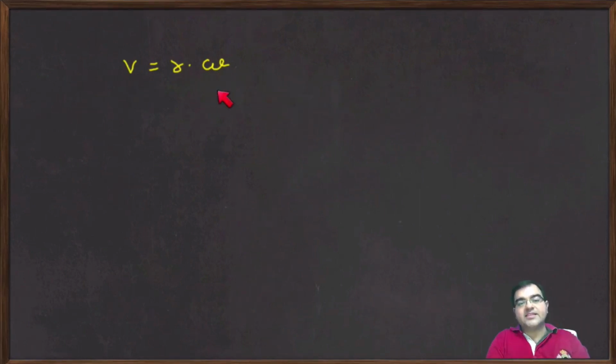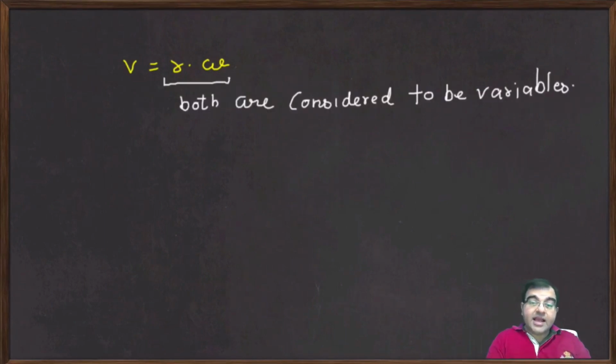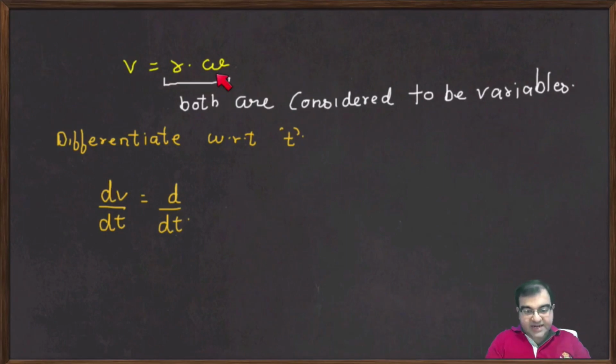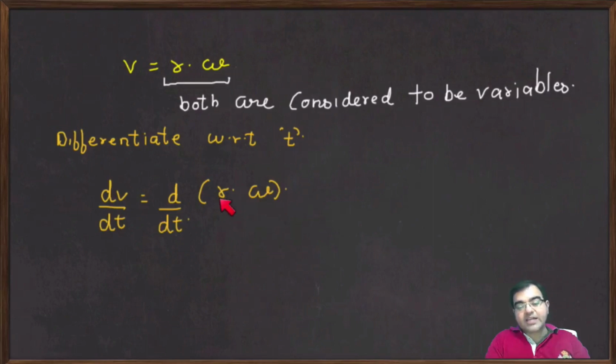So how do you take this derivative? Let's say I want to take the derivative of two variables which are multiplied together. I am going to differentiate with respect to t. On the left hand side I will get dv by dt. On the right hand side I will get d by dt of the multiplication of two variables, that is r omega. Now I am going to teach you how to solve this. r is your first term, omega is your second term.